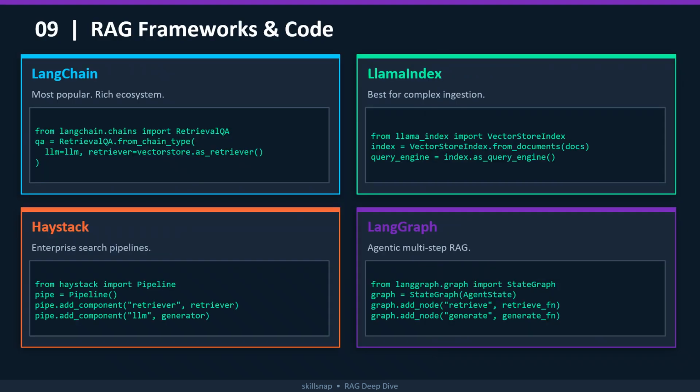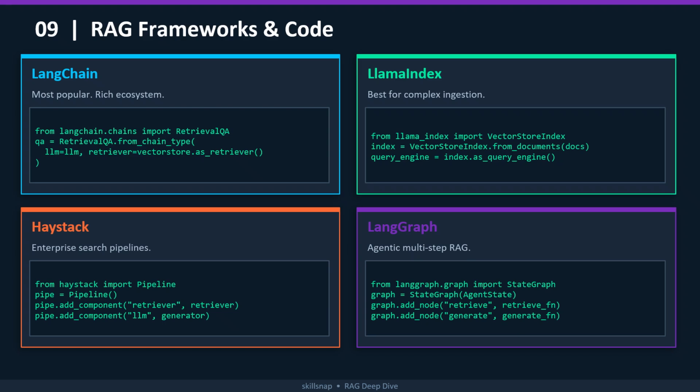And lastly, coming to the RAG frameworks and code, the great news is that you do not have to build anything from scratch. There are fantastic frameworks that can handle RAG pipelines for you, and let me show you 4 of them. First is LangChain. It's the most popular ecosystem, and it has built-in loaders for almost 100 sources, text splitters, embedding integrations, vector store integrations, pre-built chains, and everything.